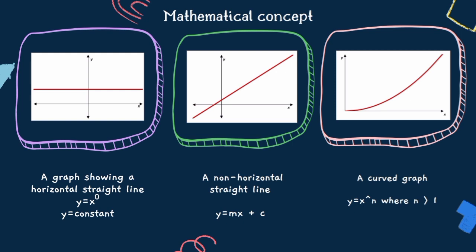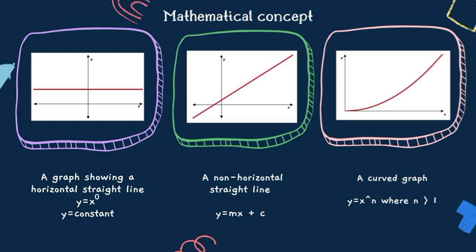The second is a non-horizontal straight line, so that the variable plotted on the y-axis is proportional to the variable plotted on the x-axis.